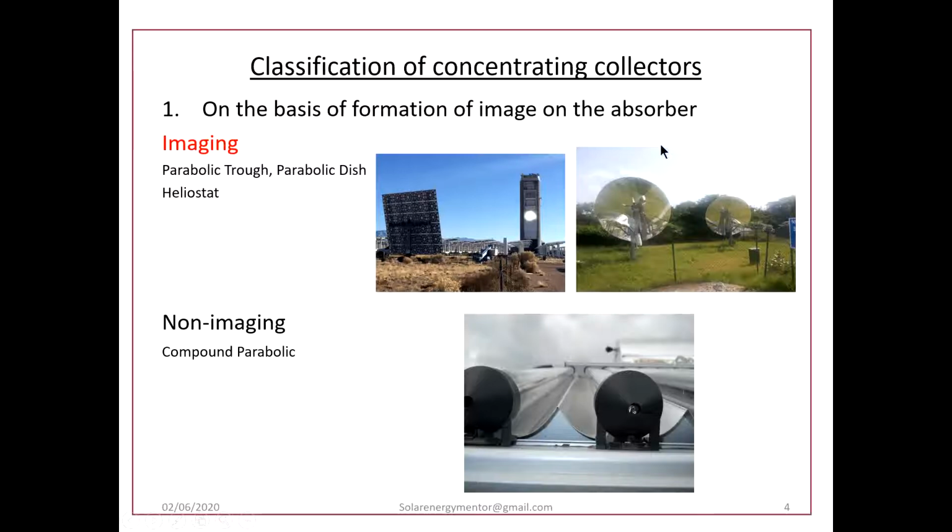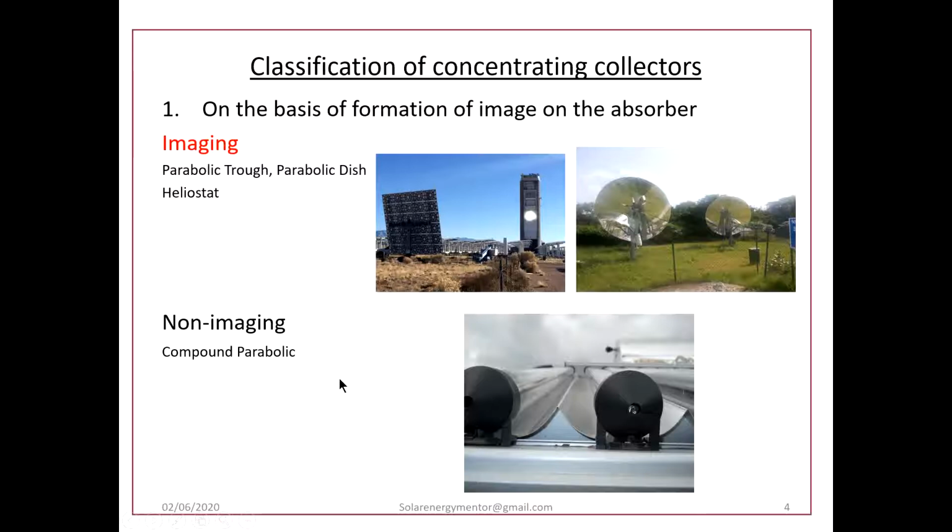When solar energy is concentrated at this focus, the image of the sun is formed. So heliostats are also an imaging form of concentrating collectors. You can see here the image of the solar energy formed due to all these mirrors which are placed here. So imaging collectors form an image of the sun on the receiver.